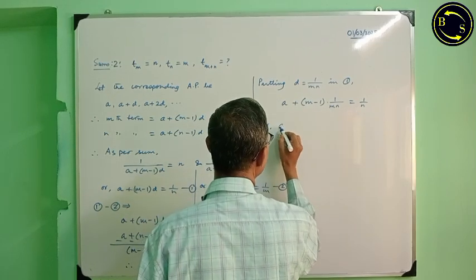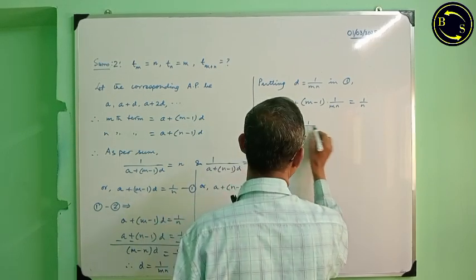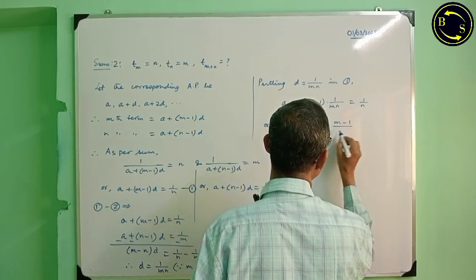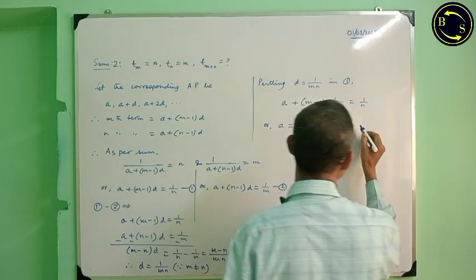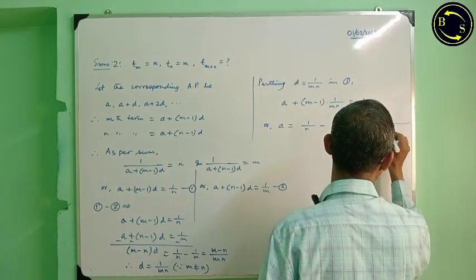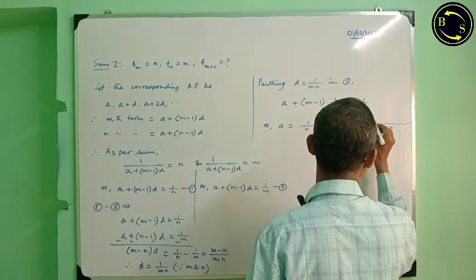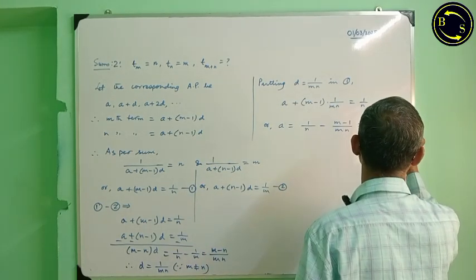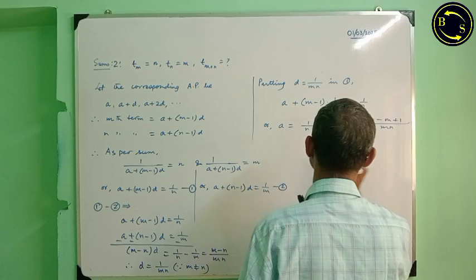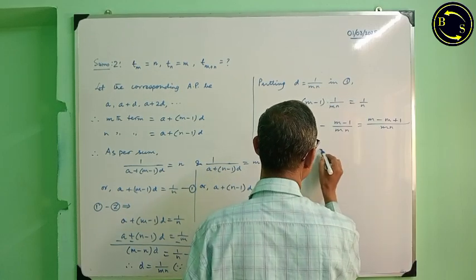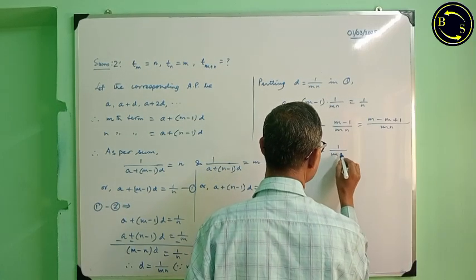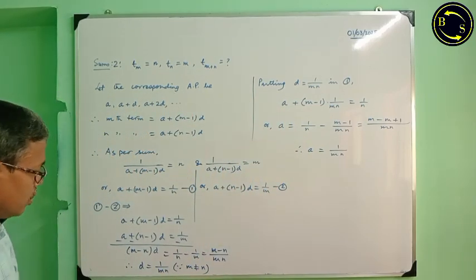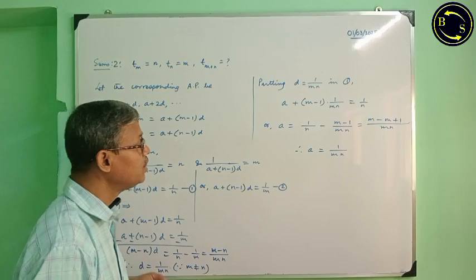From that, A equal to 1 by n minus (m minus 1) whole by mn. We simplify here. Mn LCM, m minus m plus 1. Therefore, A equal to 1 by mn. Thus, we have got the values of A and D.